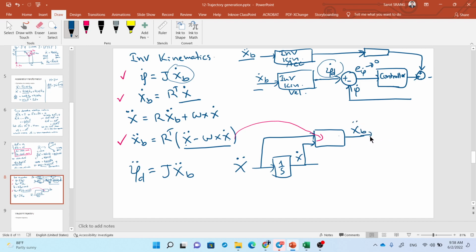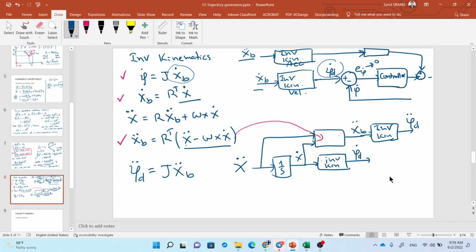So from HB double dot, use inverse kinematics, you can have phi d double dot. And from H dot here, you use inverse kinematics as well, and then you have phi d dot.